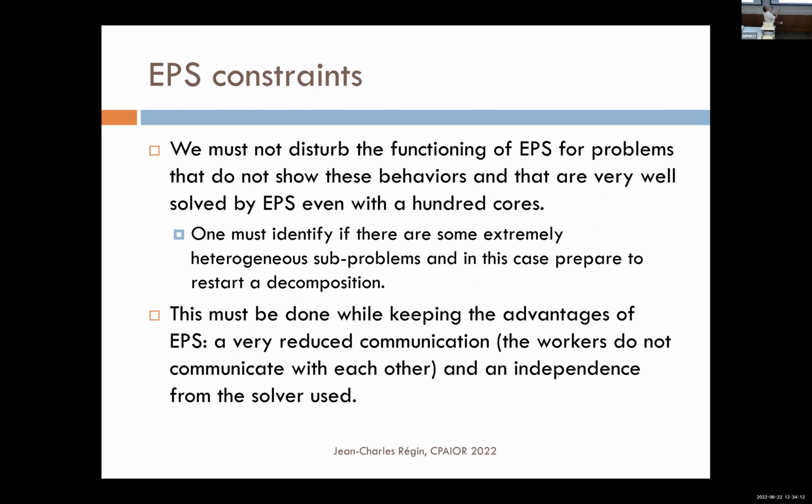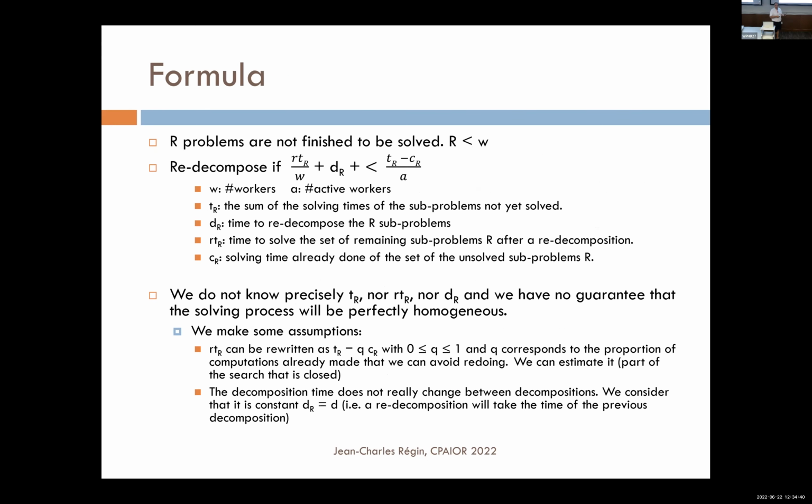So we have to do that while satisfying the behavior, the assumptions, the constraints of EPS, that are a very reduced communication and an independence from the solver that is used. We don't want to change the normal behavior of EPS. It works pretty well for some problems, but badly for some.